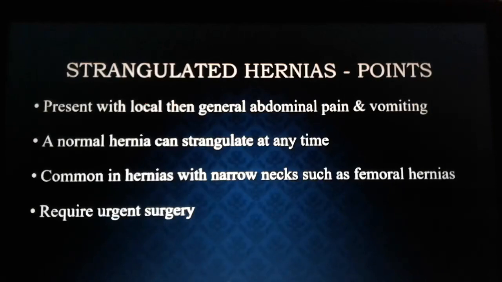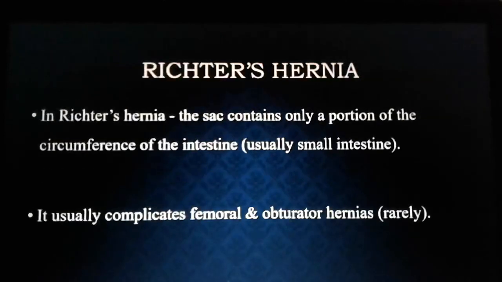Richter's hernia usually complicates femoral and obturator hernias. You must be remembering the sites for femoral and obturator hernias. It is called Richter's hernia if any femoral hernia has a part of the circumference of the small intestine as its content. Sometimes it may be seen in obturator hernias.